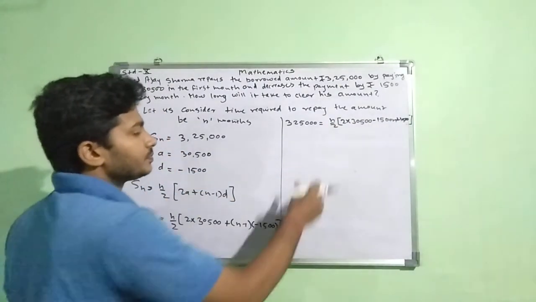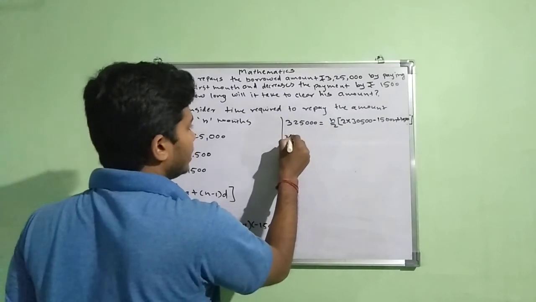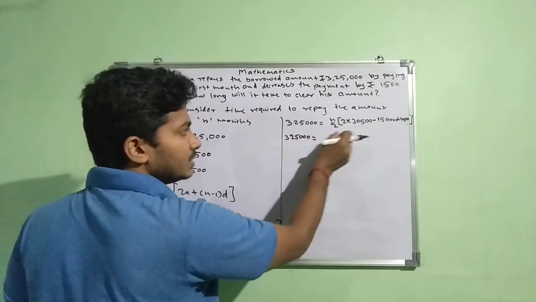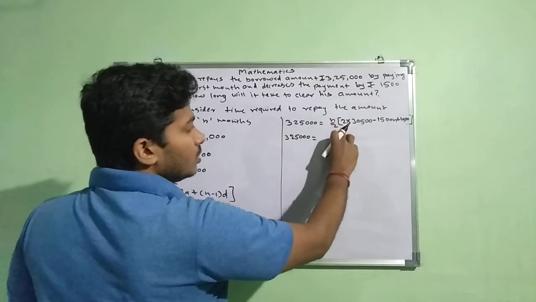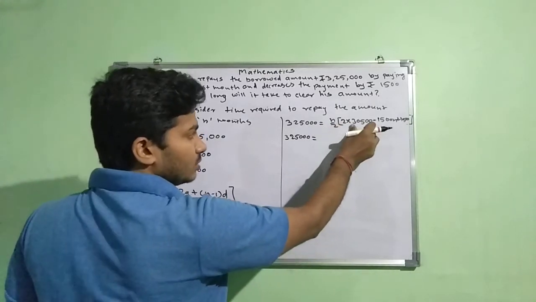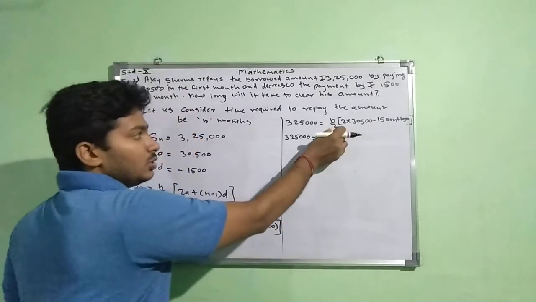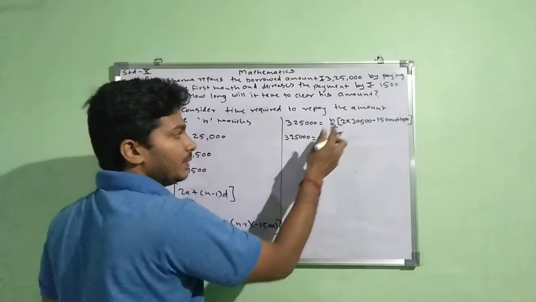Now we will insert that n by 2 inside the bracket. So 3,25,000 will be as it is. Now 2 multiplication 30,500, because this 2 is at the denominator and this 2 is at the numerator, that will be cancelled.